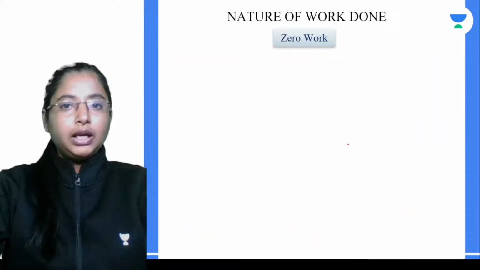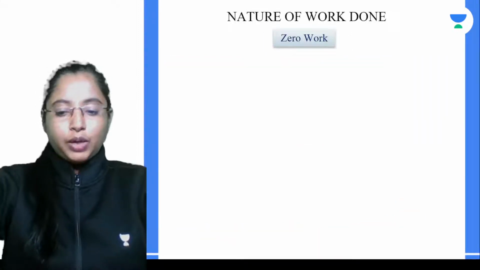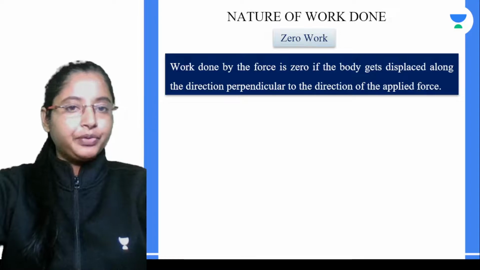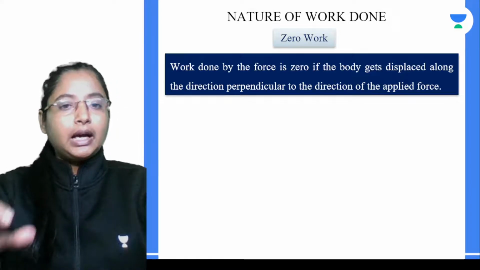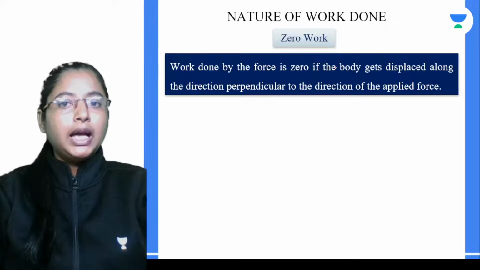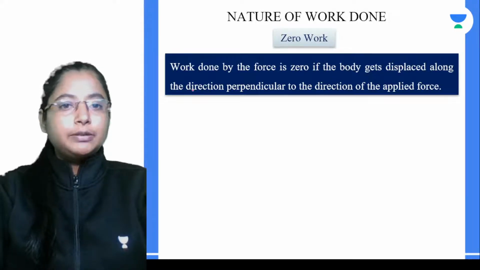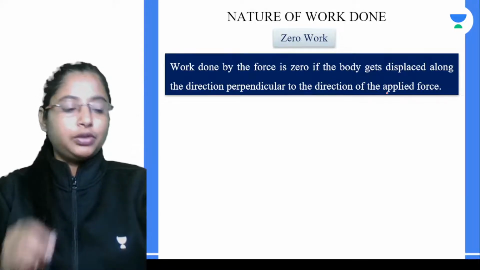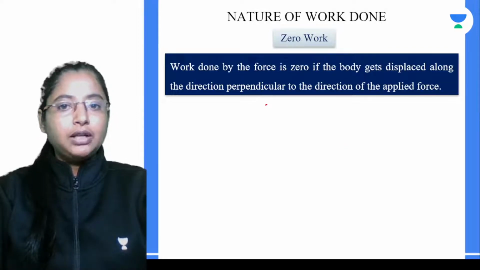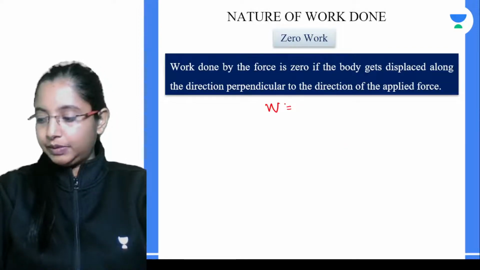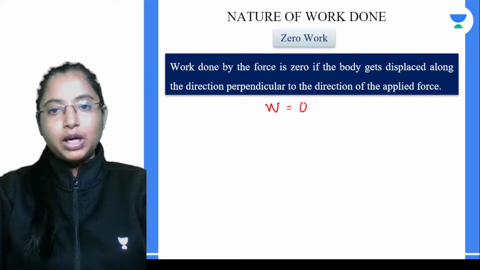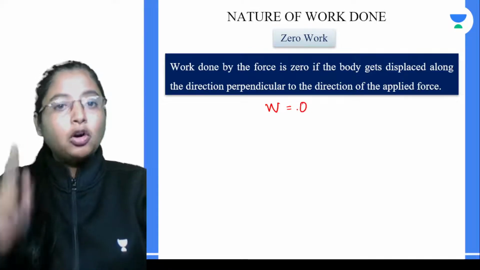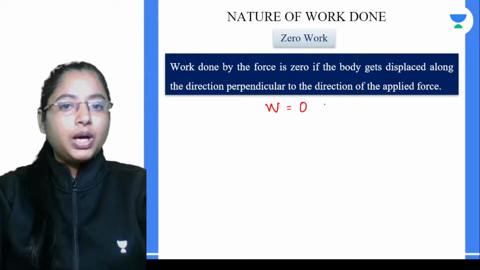The other type of work done we have is zero work. If the object gets displaced along a direction perpendicular to the direction of the applied force, the work done by the force becomes 0. There is a force acting, the object is getting displaced, but work done is 0.